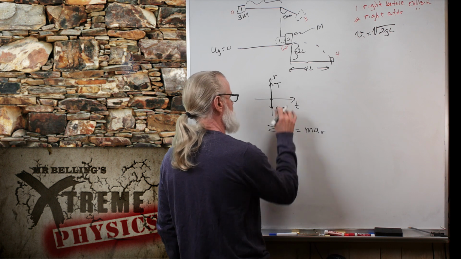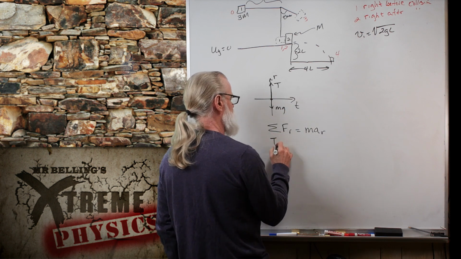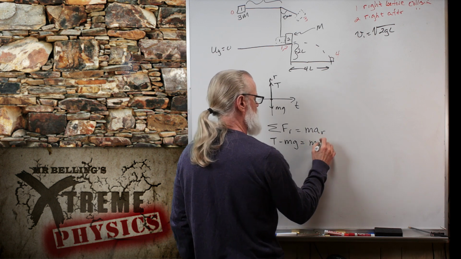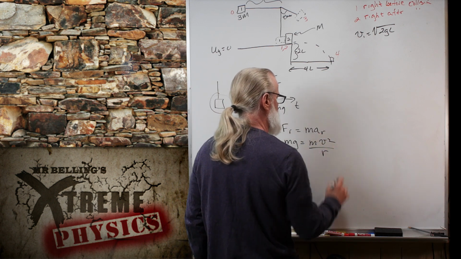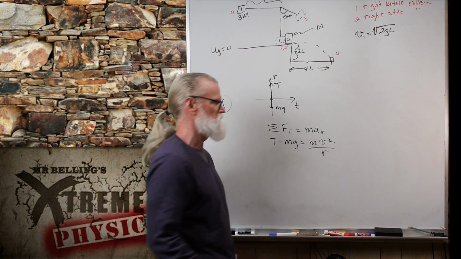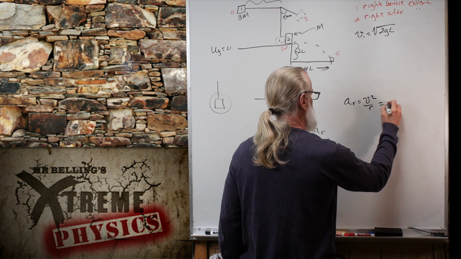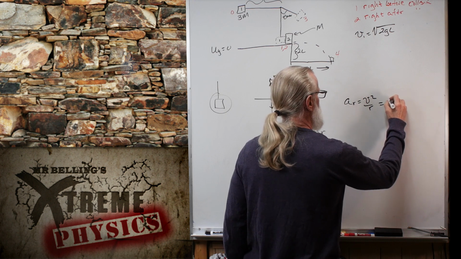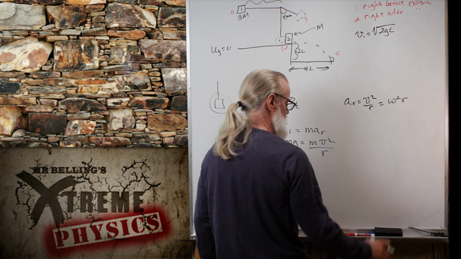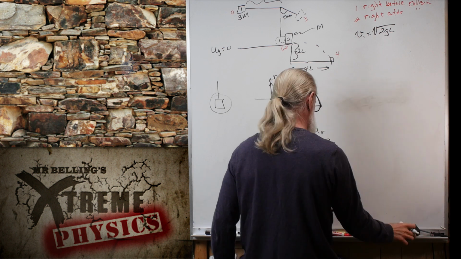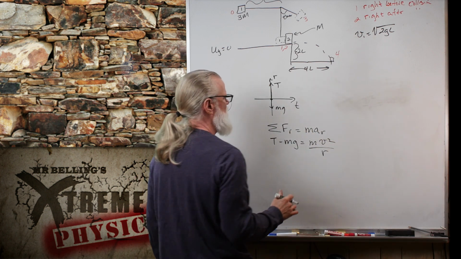So we have the tension up, I'm going to call that positive, minus the weight equals m, and the radial acceleration is v squared over r. Make sure you know those relationships, right? The radial acceleration is v squared over r, or omega squared r. In this case, v squared over r is more convenient because we're solving for v.